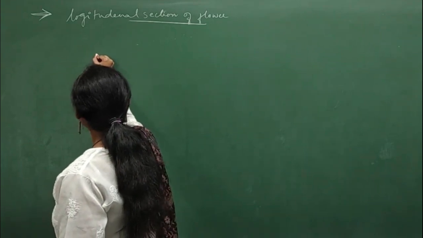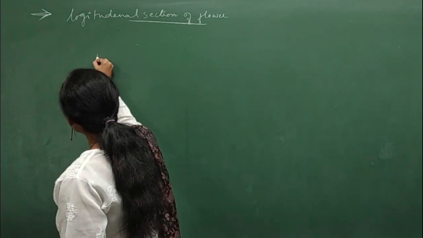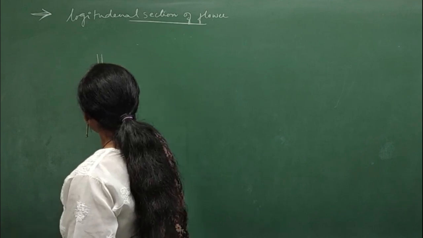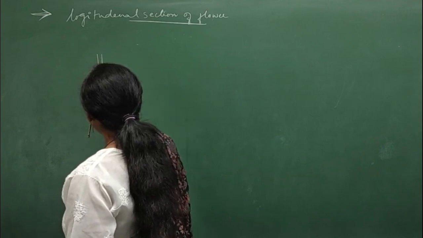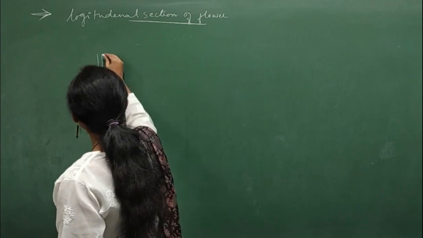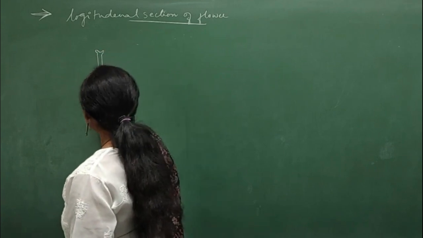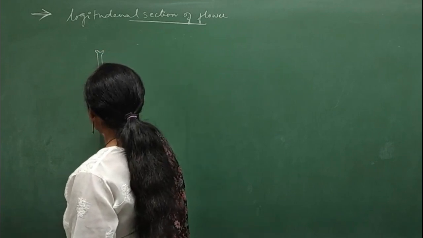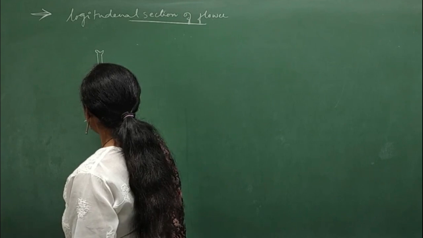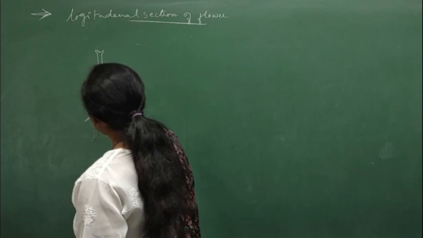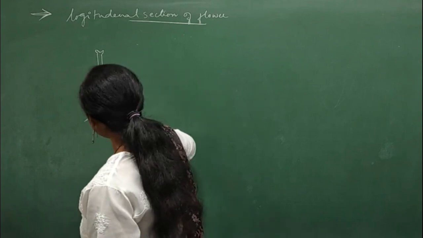Okay, let me start from the style onwards. See, I'll just take one elongated tube and then I'll make it round here. Clear? And this one is something like this. And this is a stalk, whereas these are actually the sepals. Okay, fine.